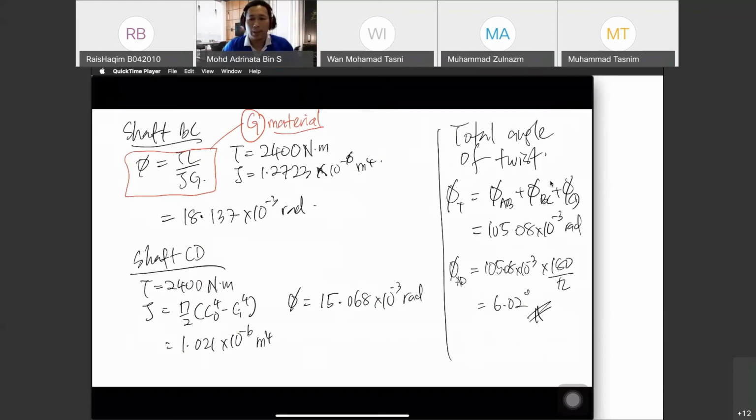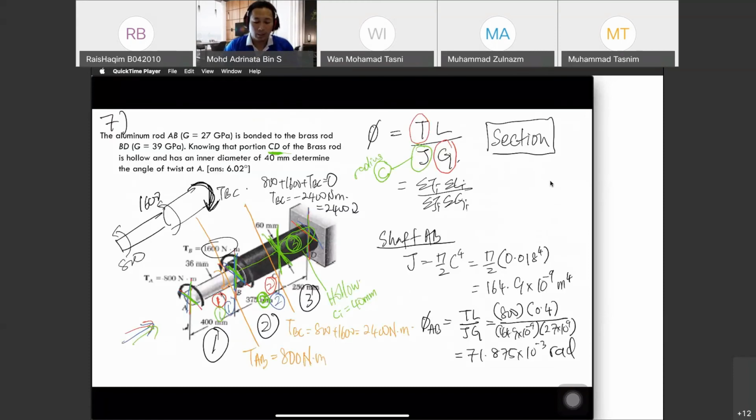Tapi yang paling penting adalah untuk awak dapatkan awak punya T ni. Okay, so this one ni yang paling penting sekali. So this one kena buat free body diagram dan juga kena lihat satu persatu macam mana kita dapatkan nilai torque tu. Okay? So itu lebih penting.